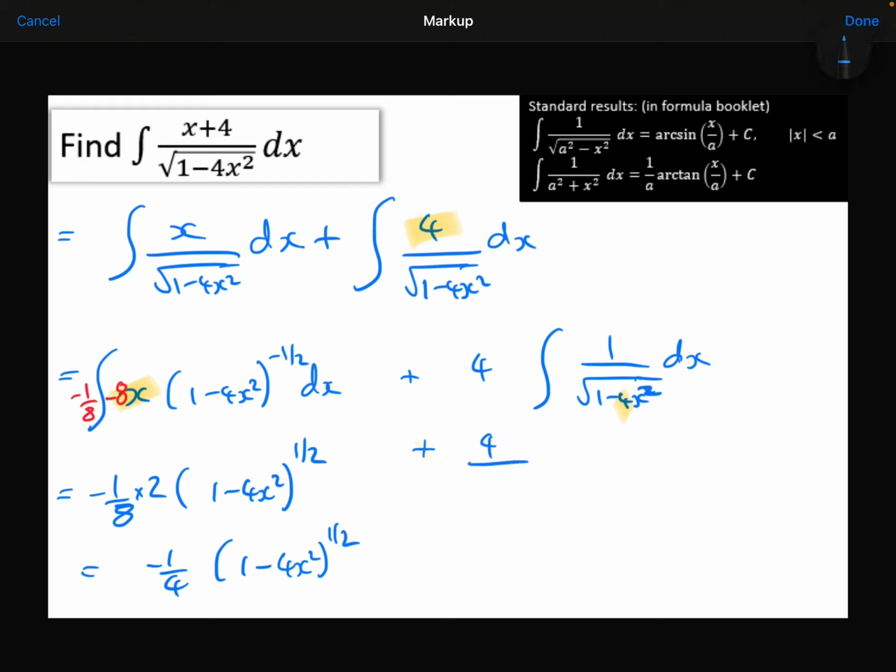When I factorised out the 4 from the denominator and square rooted it, it will give me a 2. So we have that.